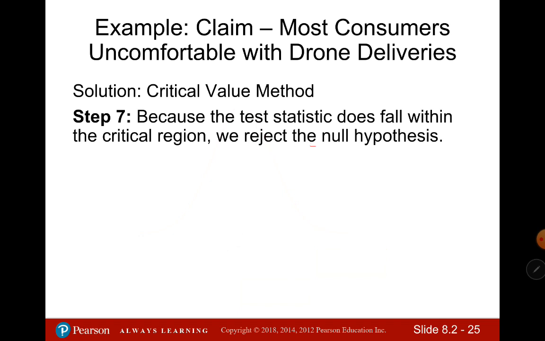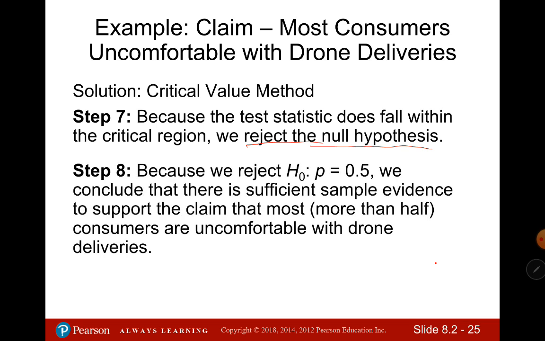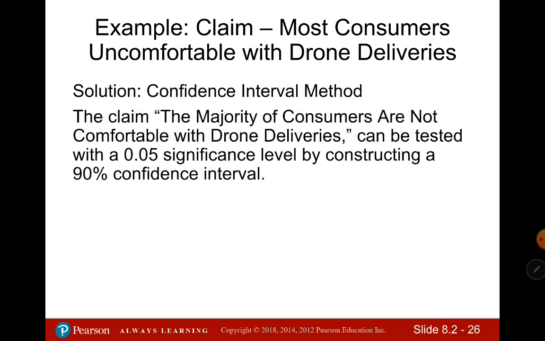Last step, we still need to translate our technical conclusion into a non-technical conclusion. If we reject the null, we conclude that there is sufficient evidence to support the claim that more than half of customers are uncomfortable with drone delivery.